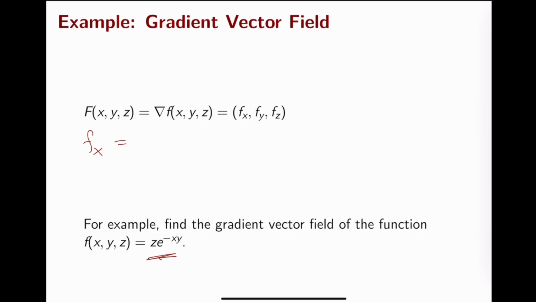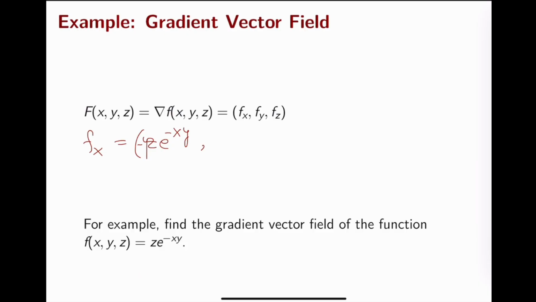Observe that here z will be a constant that goes out of the derivative, so that will be z times the derivative of e to the minus xy. That will be e to the minus xy times, by chain rule, the derivative of this. We are doing the derivative with respect to x. The derivative is minus y, so I'm putting here minus y in front. And so the second derivative, I mean the derivative with respect to y, will be the same thing.